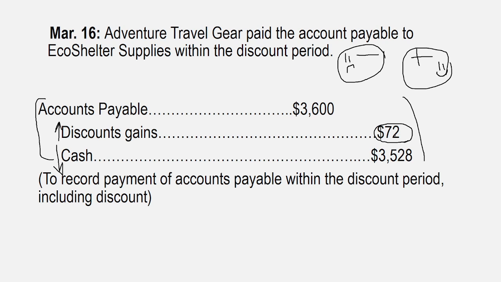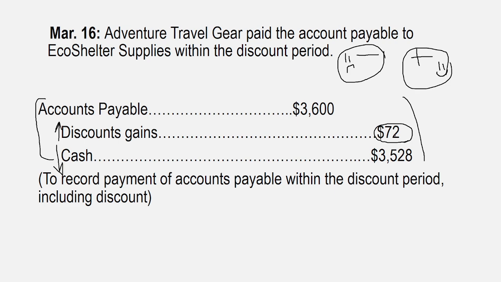So this entry for cash accurately reflects the outflow of cash to settle the accounts payable. Because cash decreases, there is a cash outflow of 3,528.